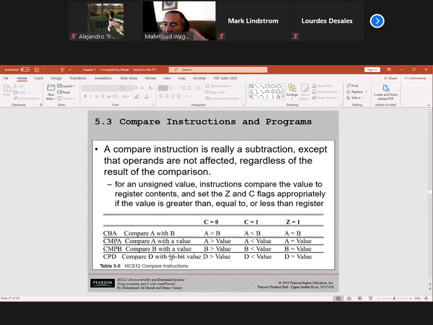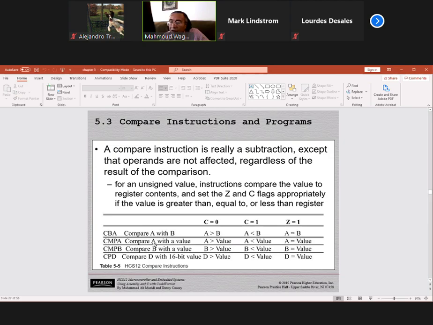For example, if we're comparing A with B and A is less than B, we get a carry equal to 1. What about the N flag bit? Do we get something there, or does it not matter because it's not really doing anything to the value in the register? Do we have to worry about that or not?